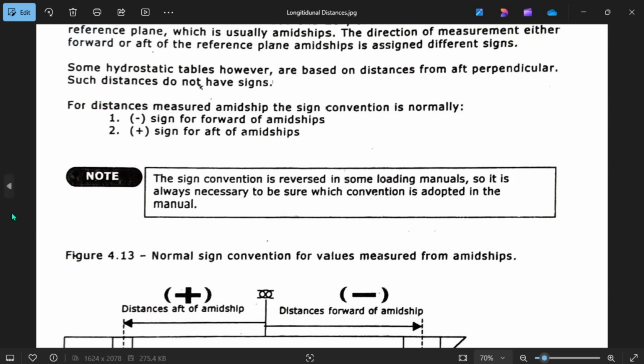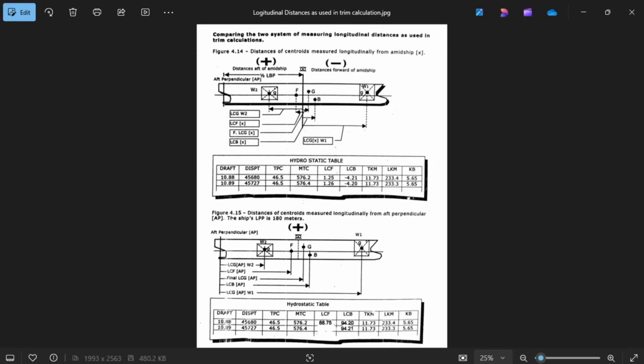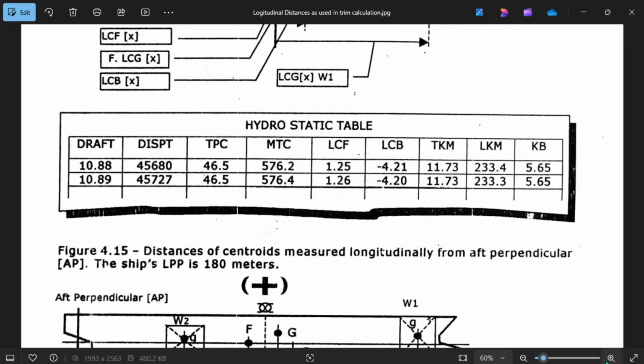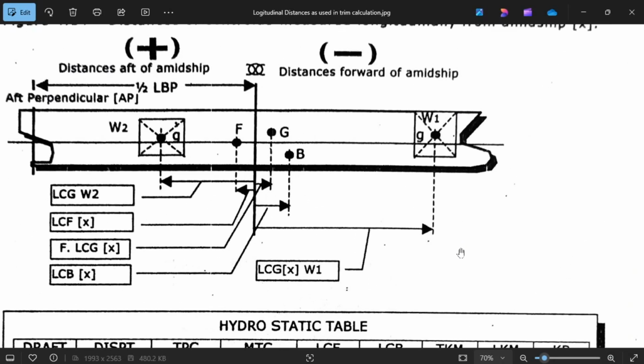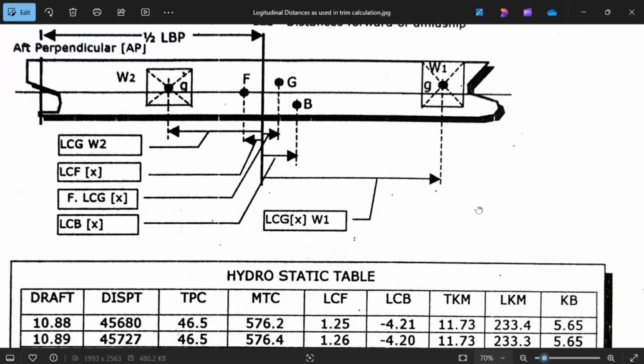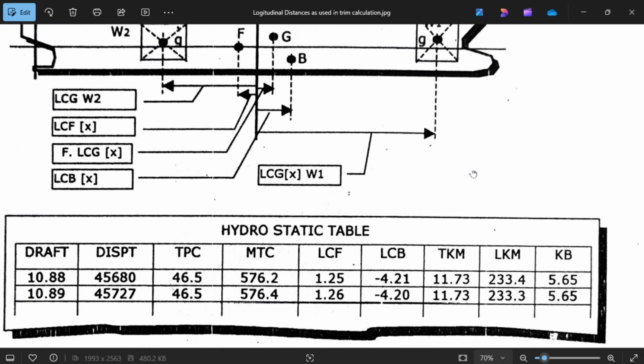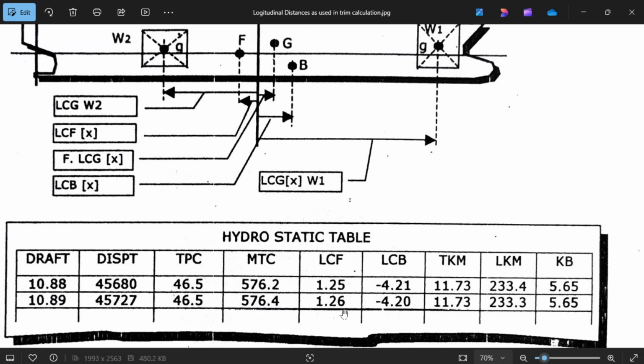For example, if your LCG is forward, meaning LCG should be negative because you have a negative sign here. So LCG will be negative. If you see in the hydrostatic table your LCF, this is a negative sign, negative 4, negative 20.